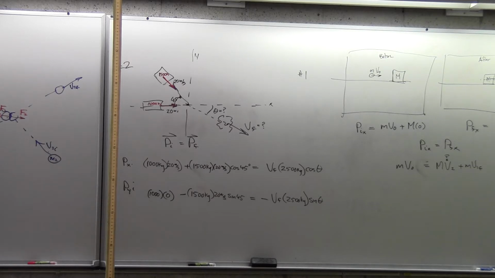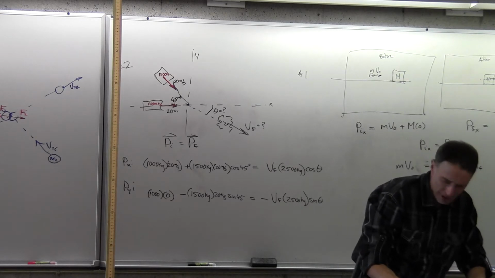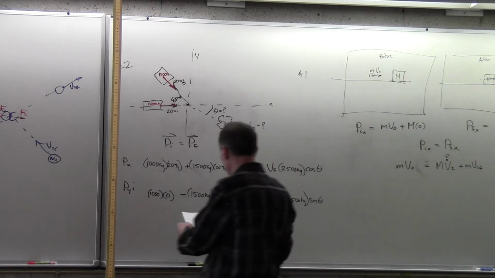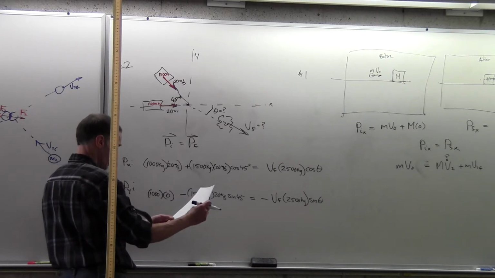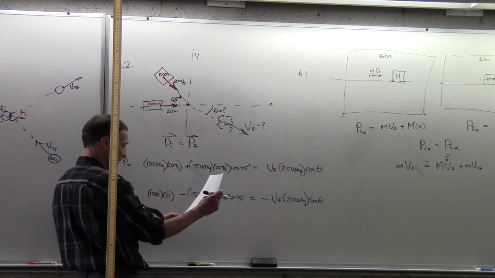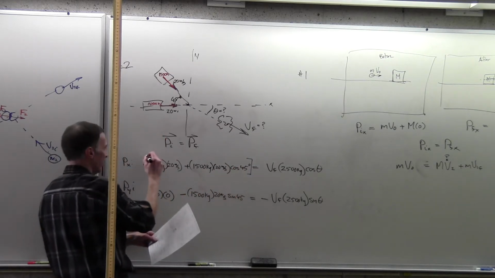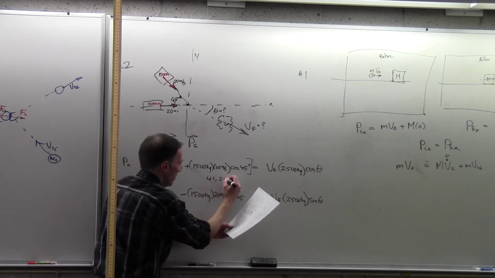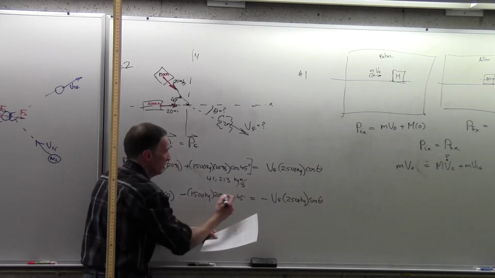Okay, as far as the numbers, usually I don't want to do too much with numbers, but let me pull some numbers here and just do part of this. I see that P in the x, let's see. Okay, I get all this together. When I stick in the numbers in the calculator, I came up with 41,213, and that's going to be in kilogram meters per second if you're using units.